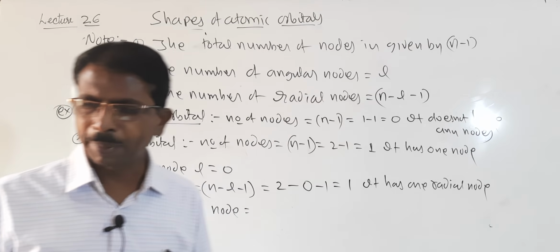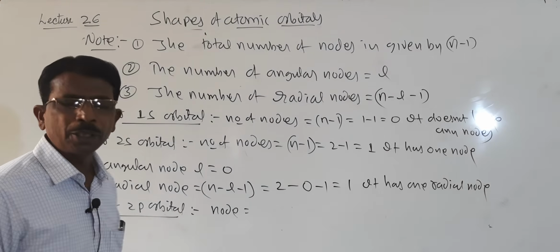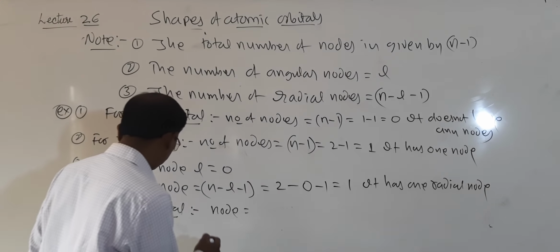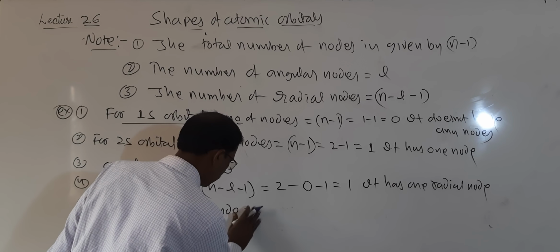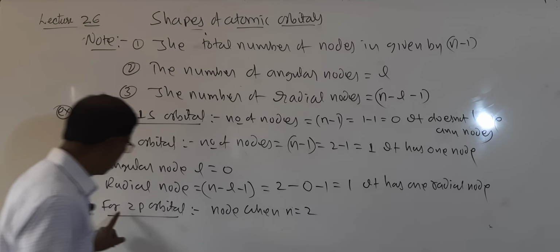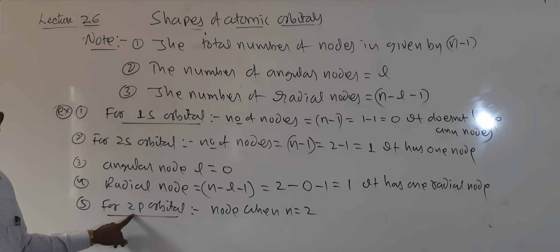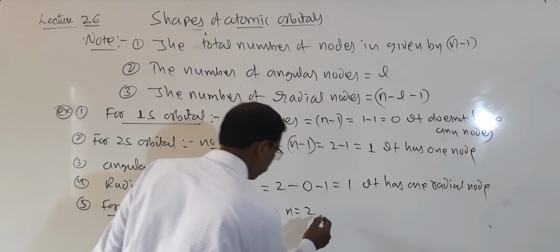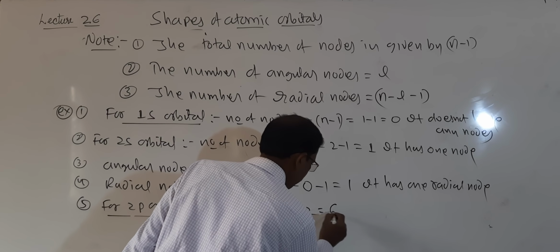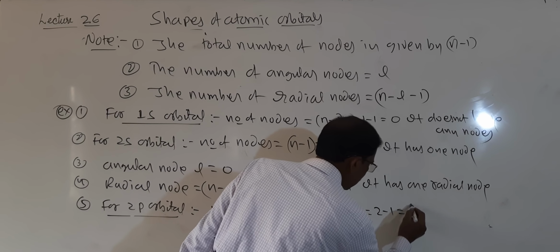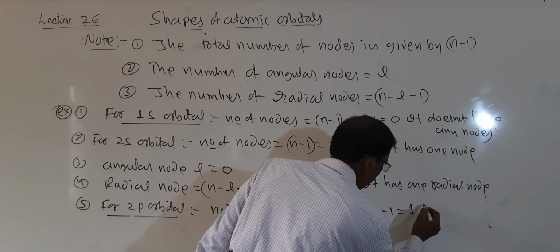So when n is equal to 2, for 2p, what is its node? It is n minus 1, equal to 2 minus 1. It has one node.